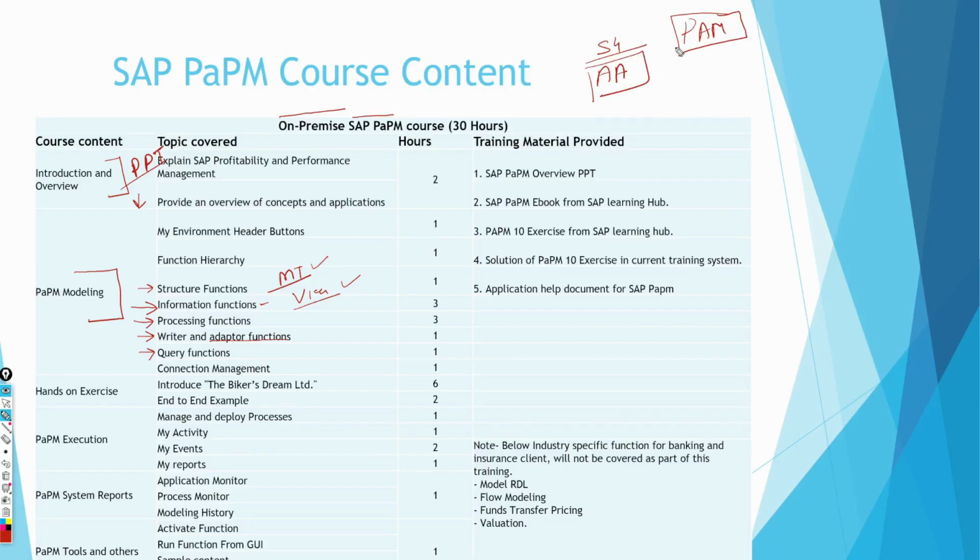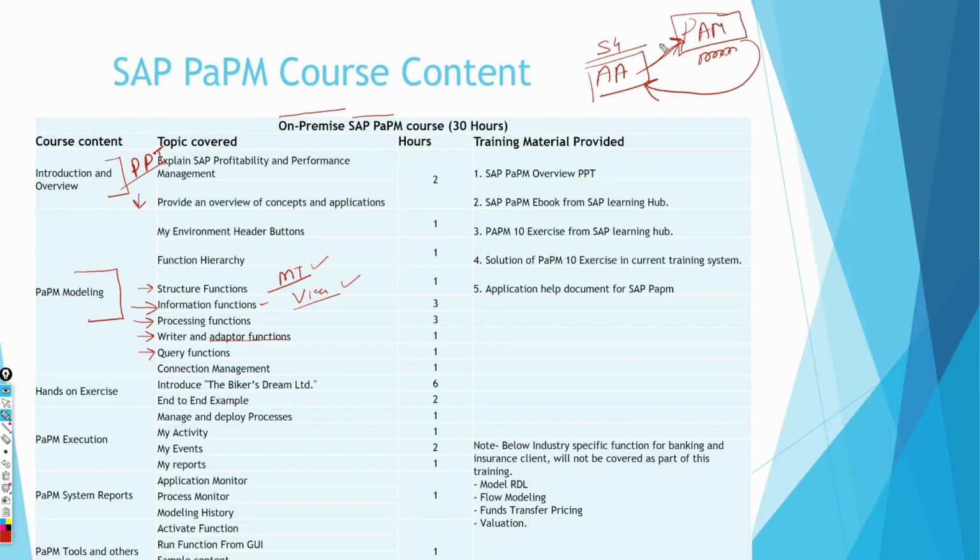My requirement is in PAPM I need data from ACDoc A. Then I will process the data doing the allocation or calculations. Then my requirement is to post back an accounting document back to ACDoc A. If this is the requirement, then I will use an information function which brings data into PAPM. Then I use processing functions which can build this calculation within PAPM. Then I use writer or adapter function to post back this data to ACDoc.